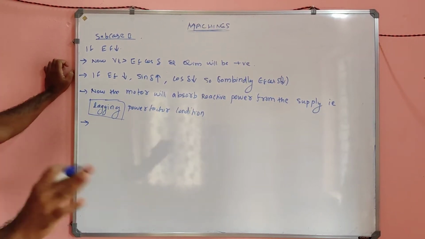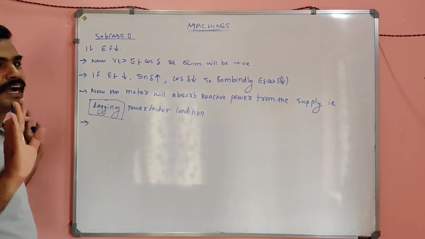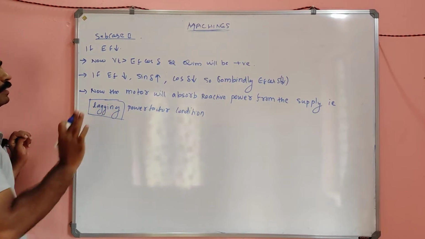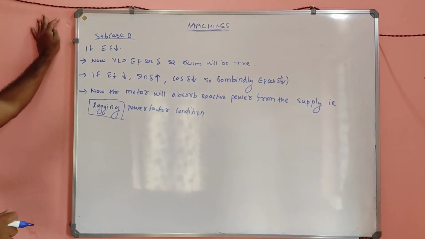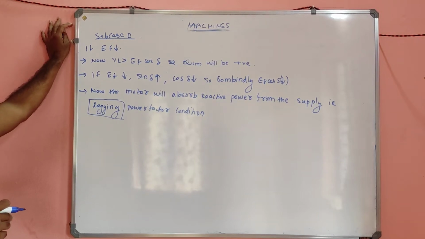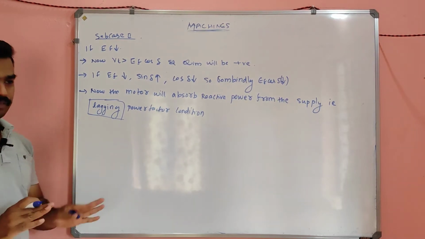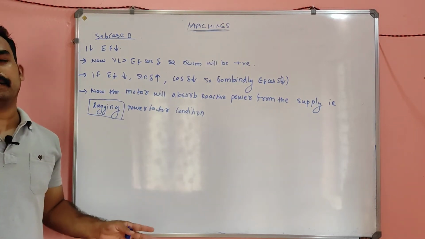The opposite thing you have to do. So there is no need to explain that, because we have to do the opposite. Okay. So in sub case 2 the power factor will be lagging. Is it clear? If you decrease the excitation, the power factor will become more and more lagging from the initial condition of unity power factor.